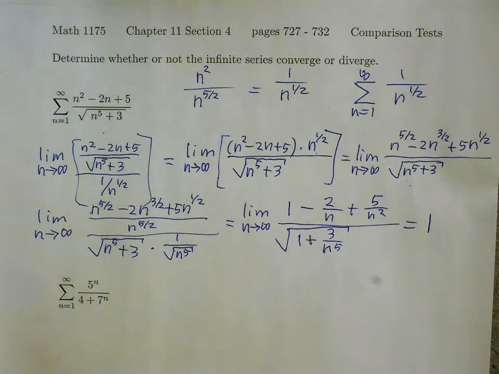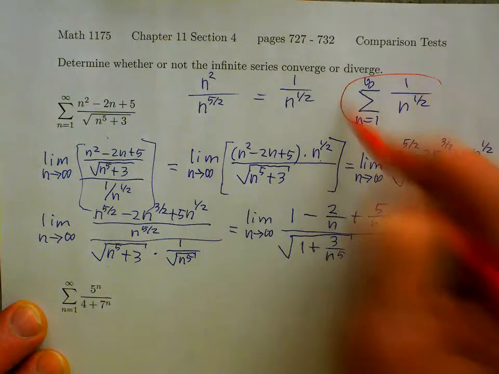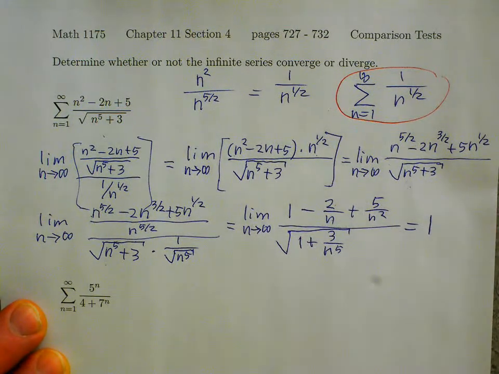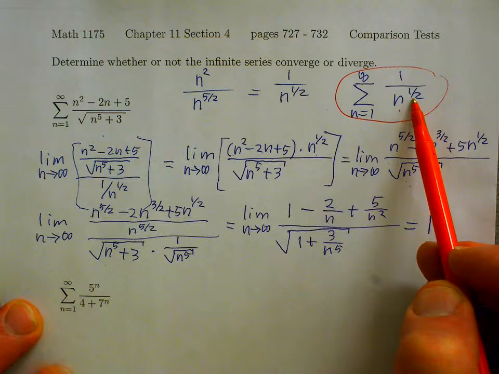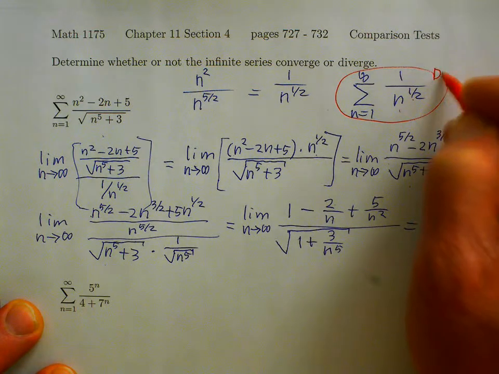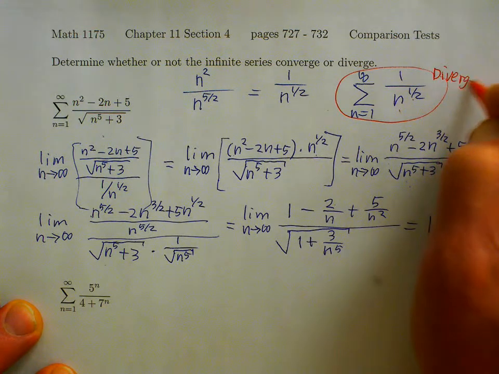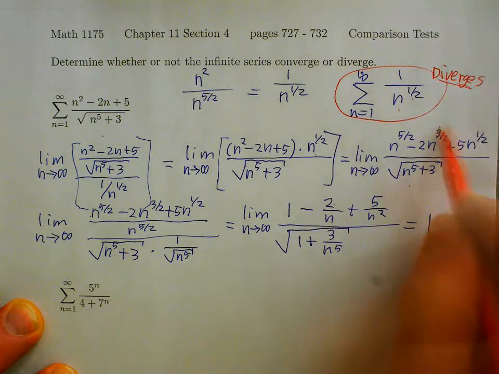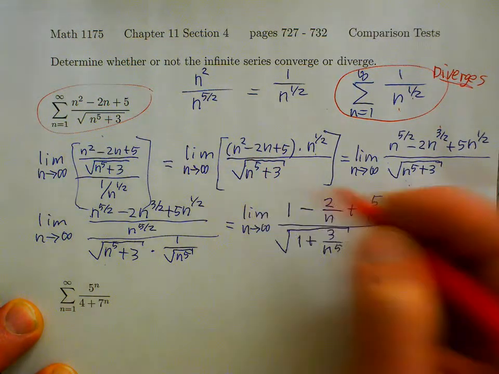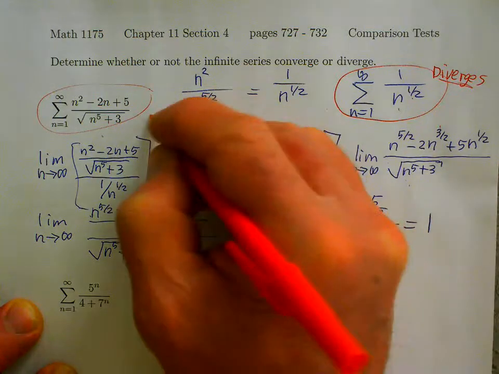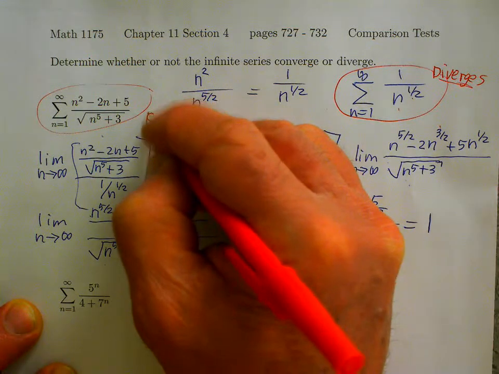But we know that this series diverges. It's a p series, and the value of p is less than 1. So since we know that this series diverges, we conclude that this one also diverges by the limit comparison test. Diverges.